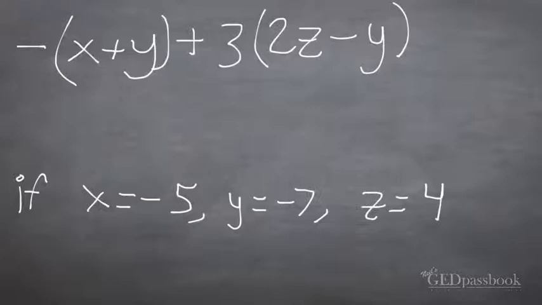The commas are nothing. It's just saying if x equals -5, y equals -7, z equals 4. It's just separating the three. Then I'm going to show you what you need to do.